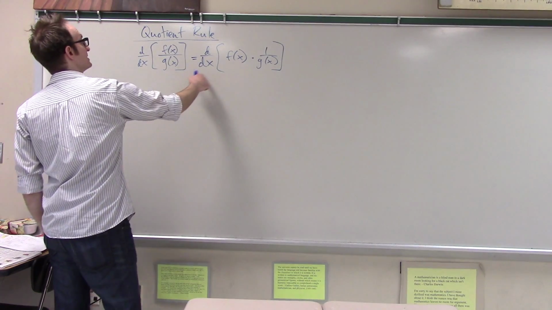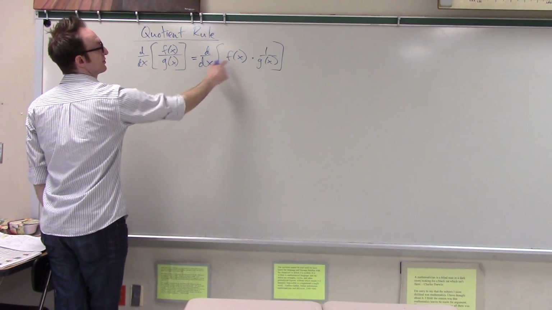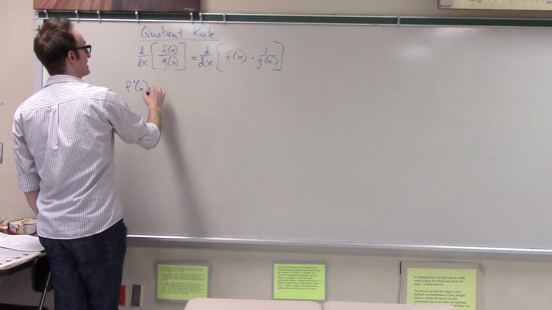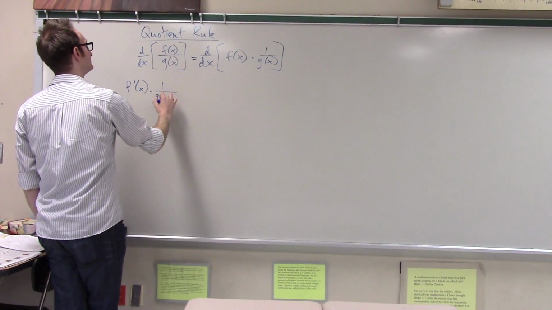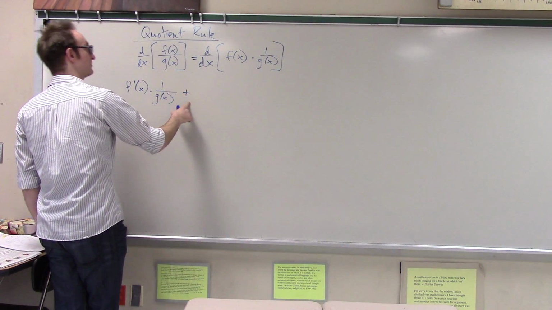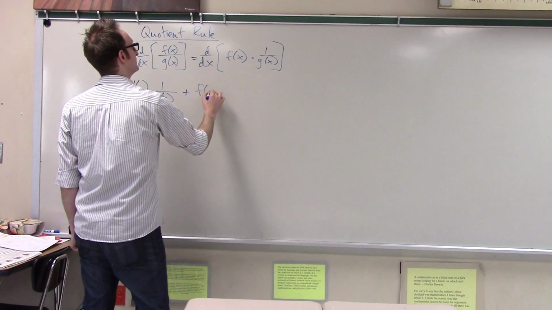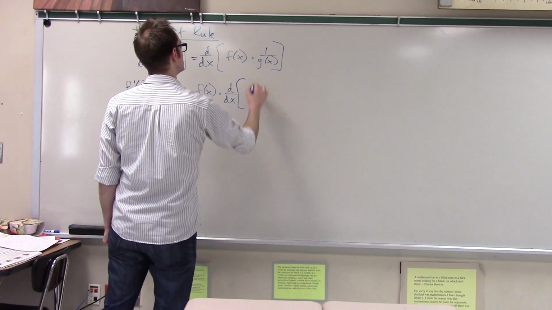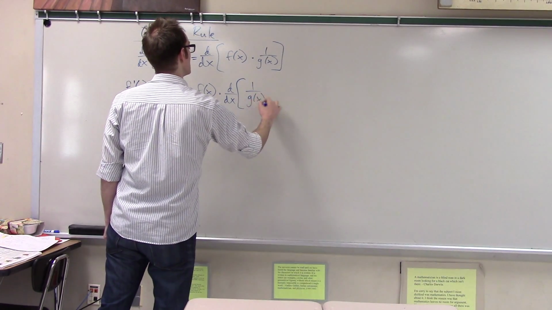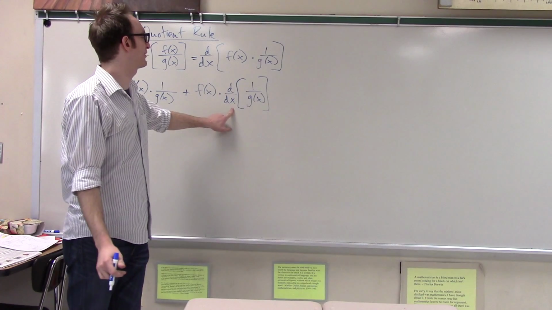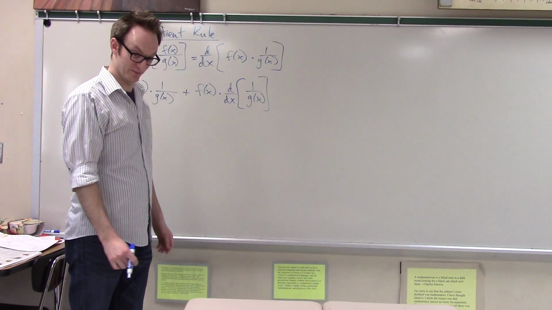The product rule says that this is going to be the derivative of the first, so f prime, times the second function, plus the first times the derivative of the second. The problem is I have no obvious way to differentiate the 1 over g function.